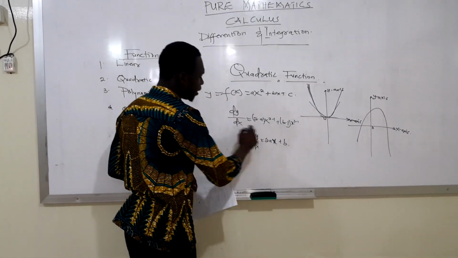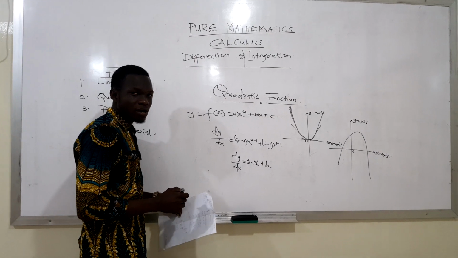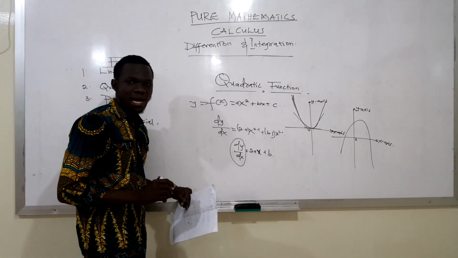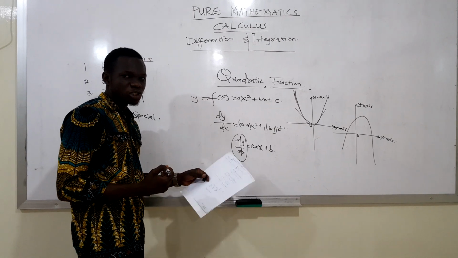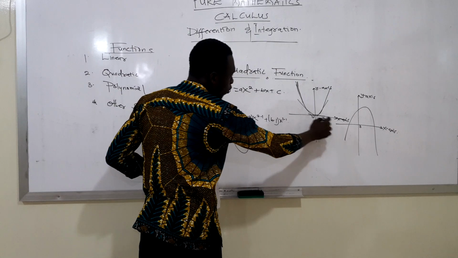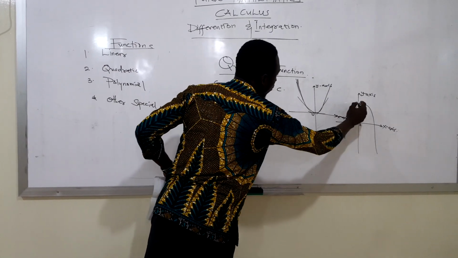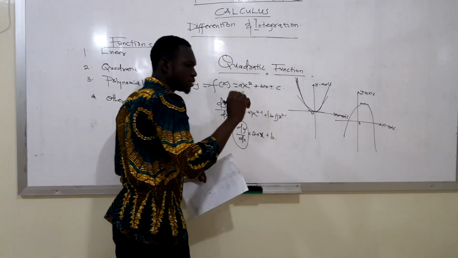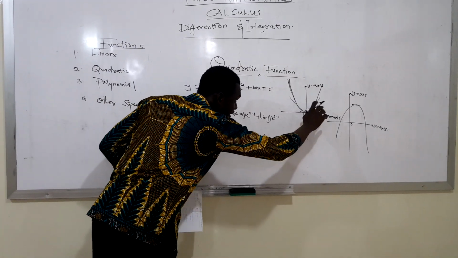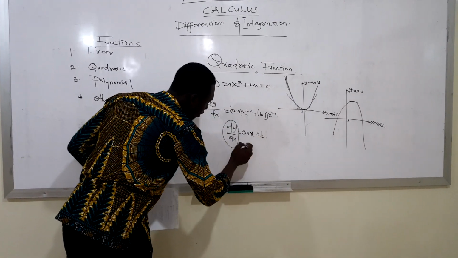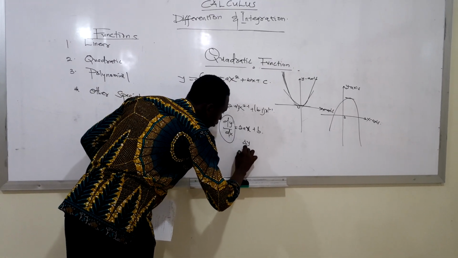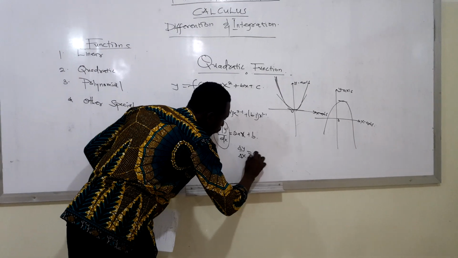And when you want to find out where the turning point of the curve is, that is when you equate your dy dx. That is, there is no change, and you can realize that at the bottom, or the maximum or minimum, you will get the change to be equal to 0. That means the change of y on the change of x is equal to 0.